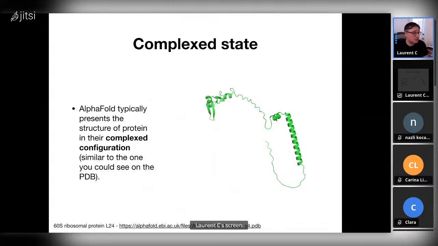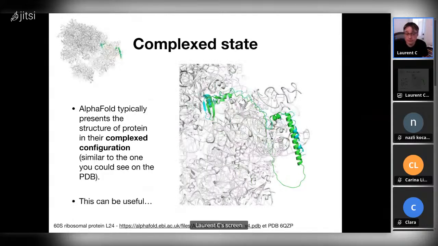But in fact, this protein is part of a much larger complex, the ribosome, and the prediction that AlphaFold generated is in fact the structure of this protein as if it was part of a complete ribosome. So this is something that we have to consider when looking at predictions. They're not only predictions of what the protein looks like by itself, but what it could be if all of its protein partners were present.